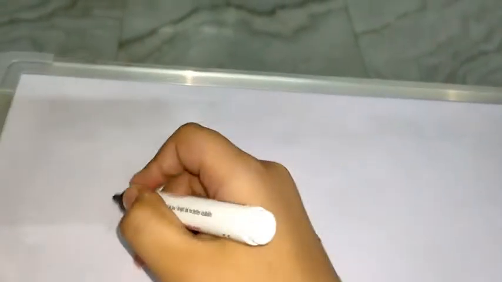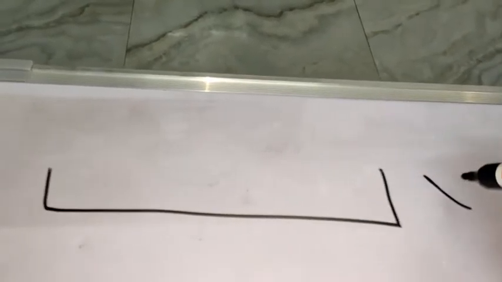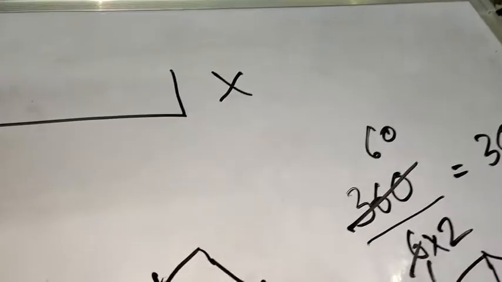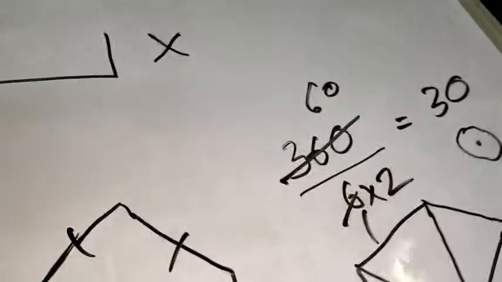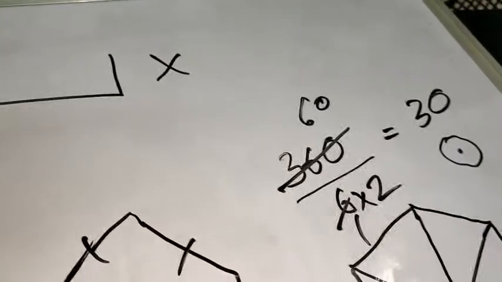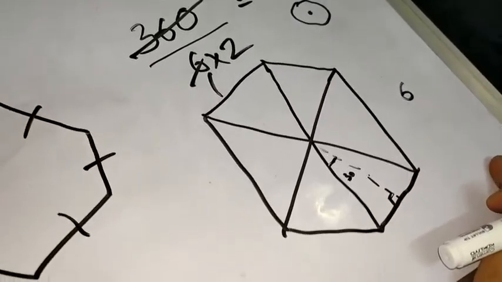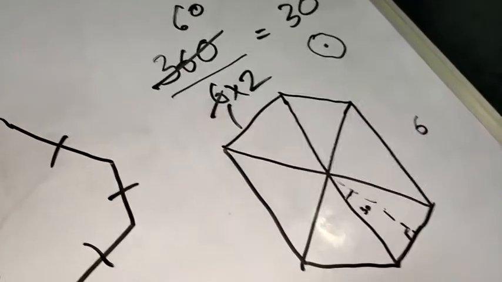So first we have to take out the area of one right angle triangle and multiply it by 2n. Why 2n? Because if we divide a regular polygon into right angle triangles, the number will be 2 times the number of sides.